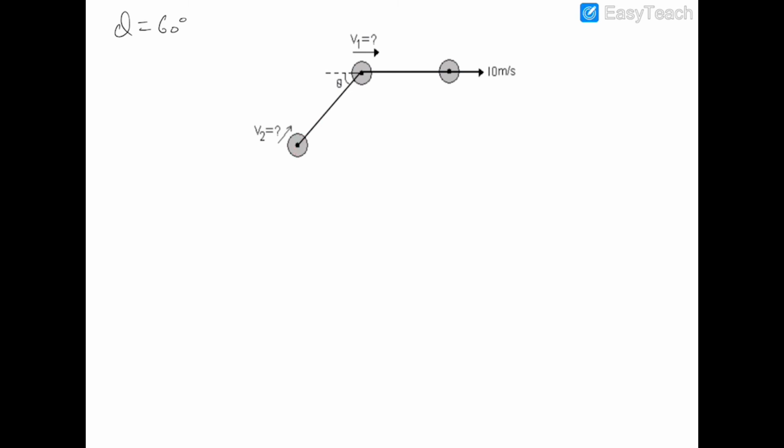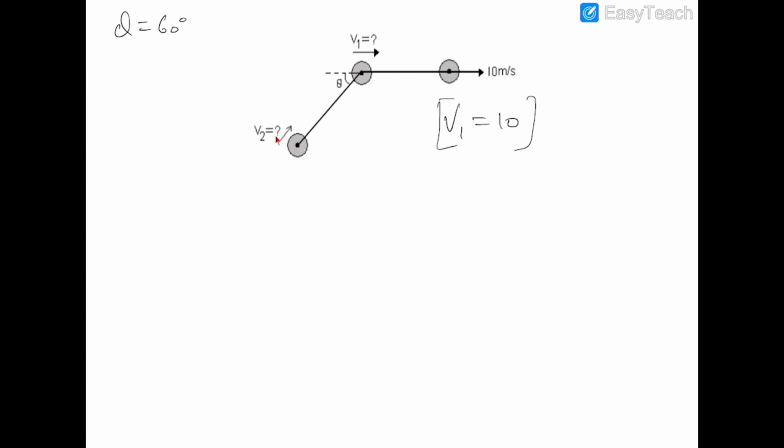Now we can see that the component of velocities of this ball, this one and this one along this rope is already given. Its velocity is v1 and its velocity is 10. So we can say that v1 will be equal to 10.